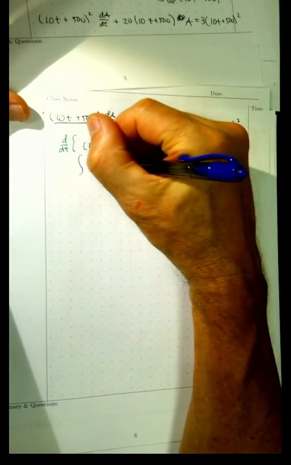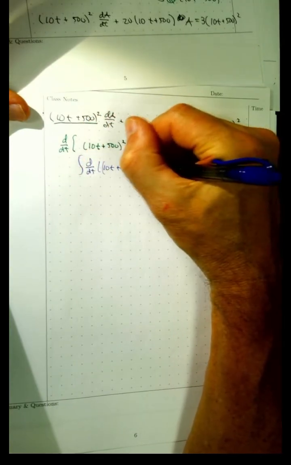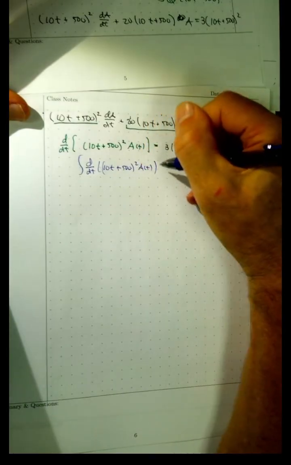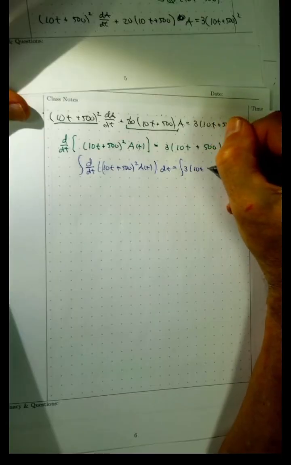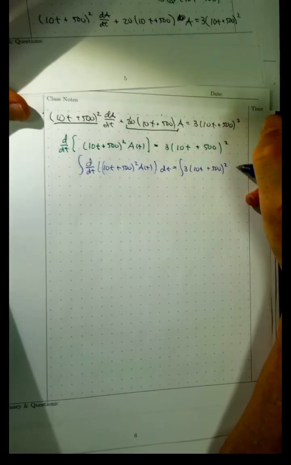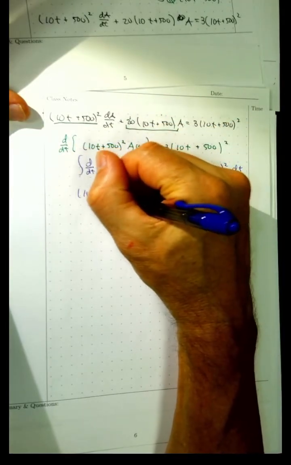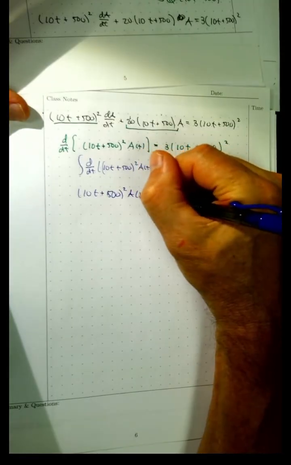So now if I take the antiderivative of both sides, the antiderivative of the derivative just gives me the thing on the inside.